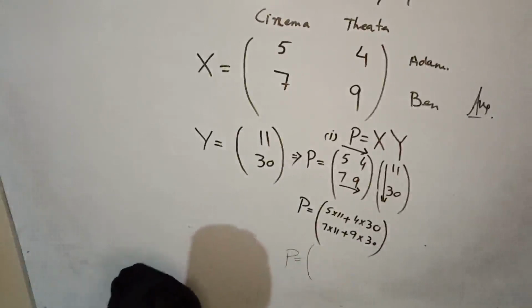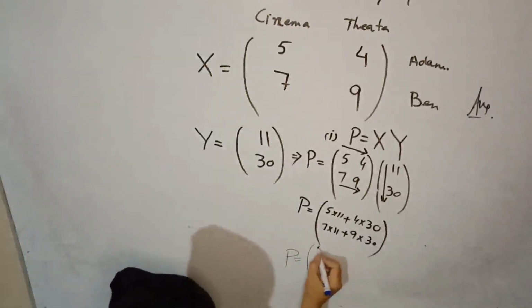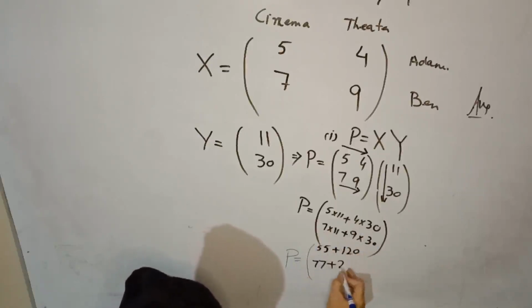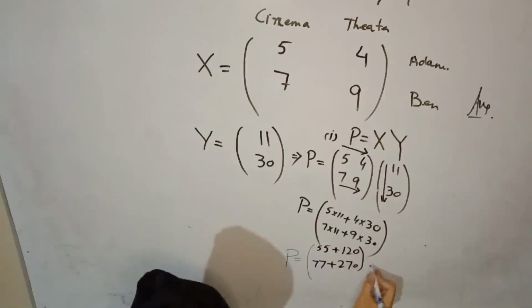So this will be equal to 5 into 11 is 55 plus 4 into 30 is 120. Again, 7 into 11 is 77 plus 9 into 30 is 270. We just have to add them.